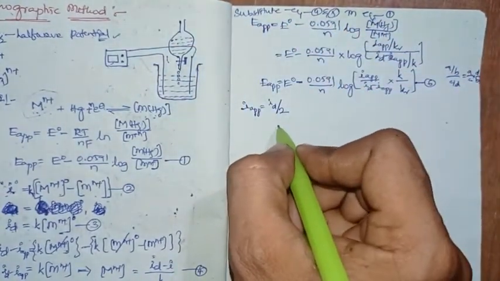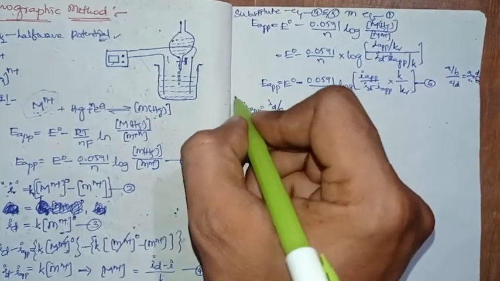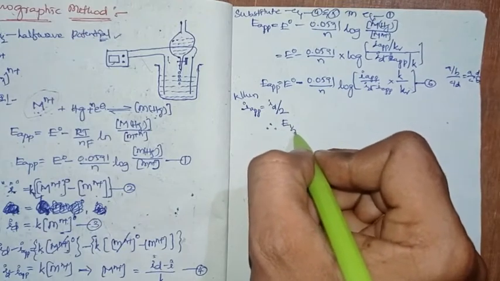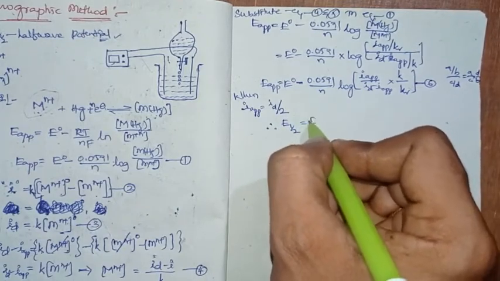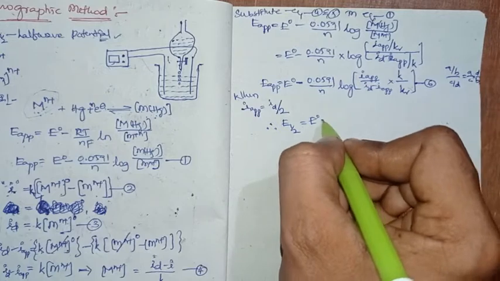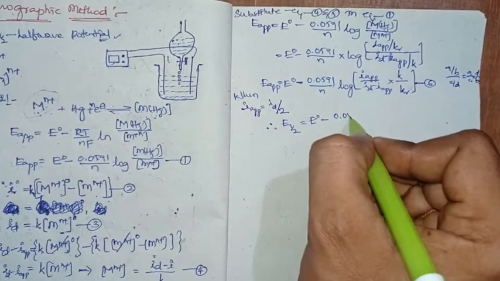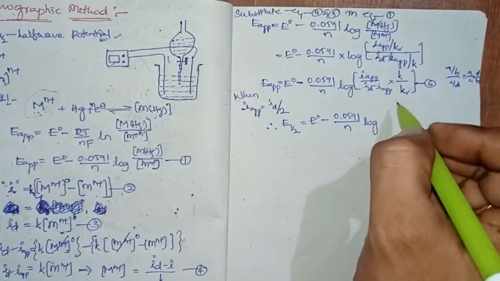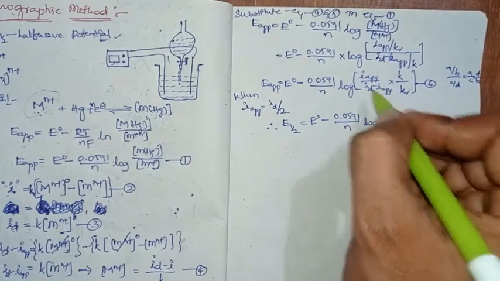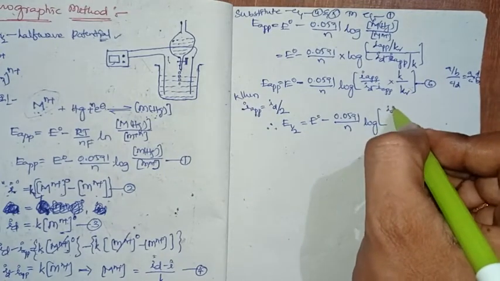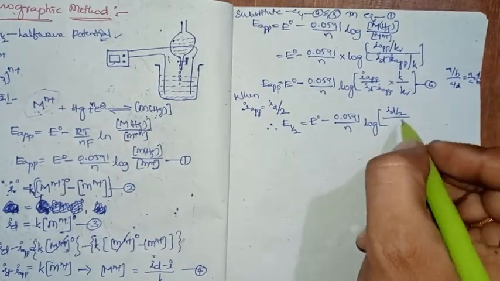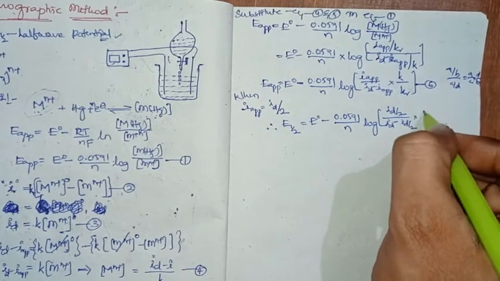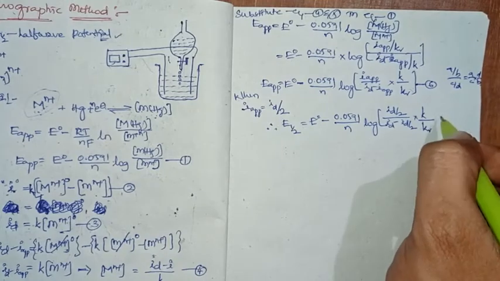So therefore, E applied will become E half, which is equal to E naught minus 0.0591 by n into log of Id by 2 divided by Id minus Id by 2, into k by kr.